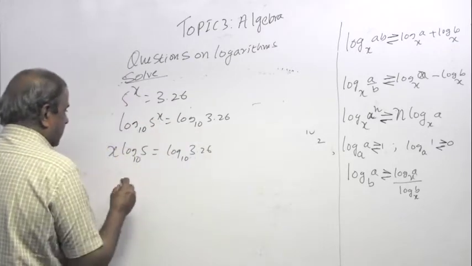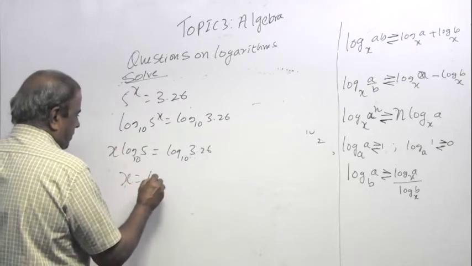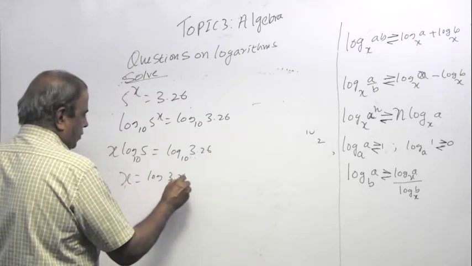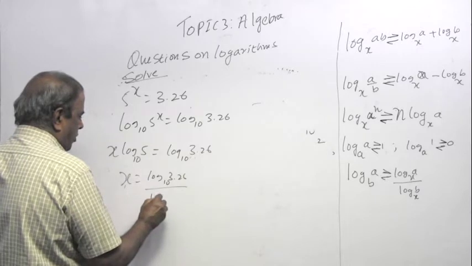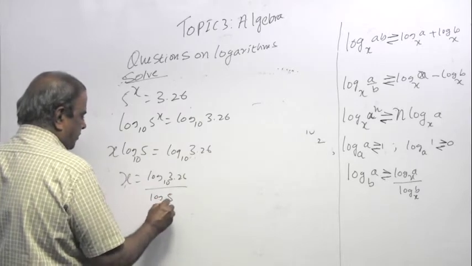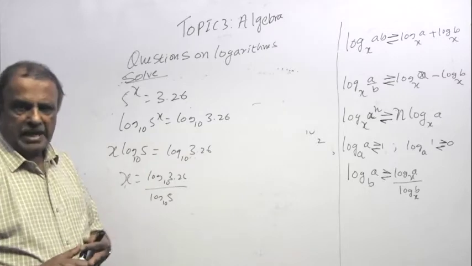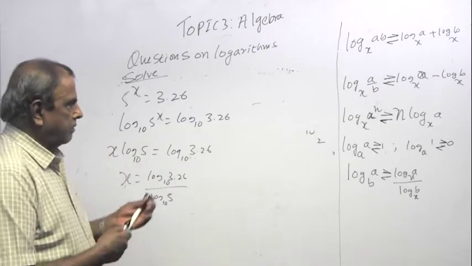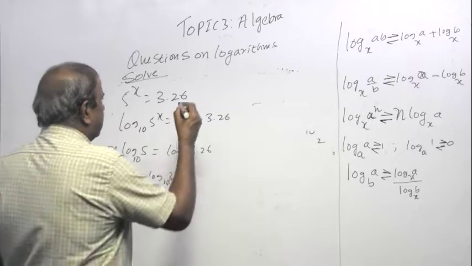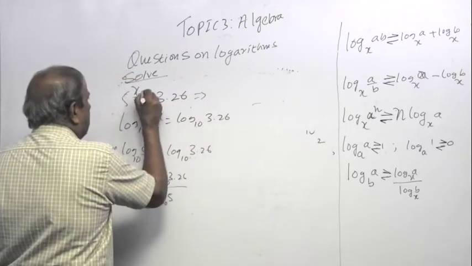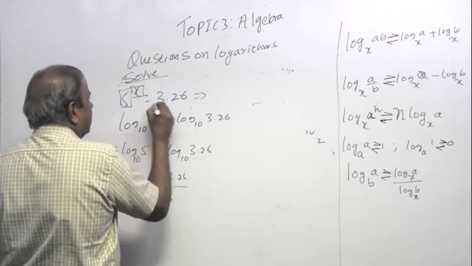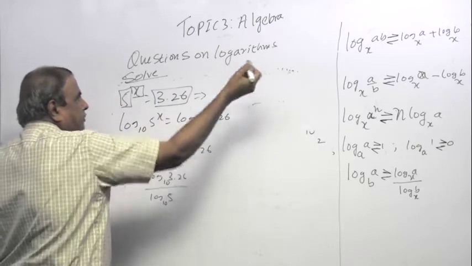I'll show you another method. So x equal to log of 3.26 to base 10 over log 5 to base 10, which you can use a calculator and find out. Shouldn't be a problem. But however, there's an easier way. This is the power, that is the base, that is the answer. So use the definition of logarithm.